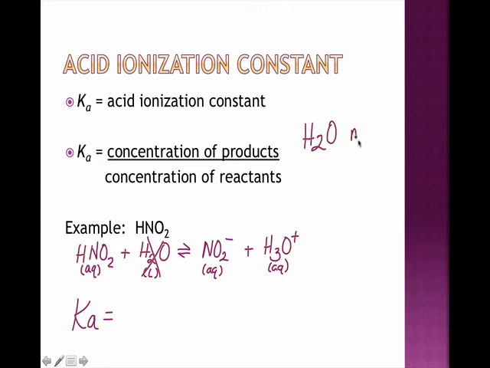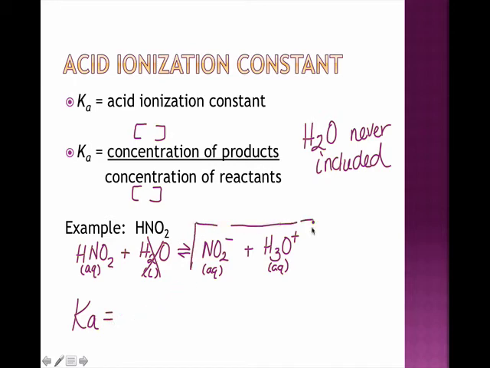So water is never included when we write these. You include it to figure out what happens and what ions are formed with these acids or bases, but you're not going to put it in this Ka expression. Because we're talking concentration, we're going to use those square brackets again, just like we've used before. So what I do is I do the products over the reactants.